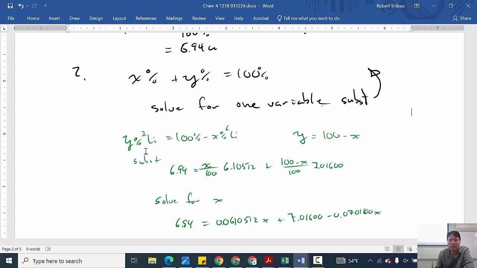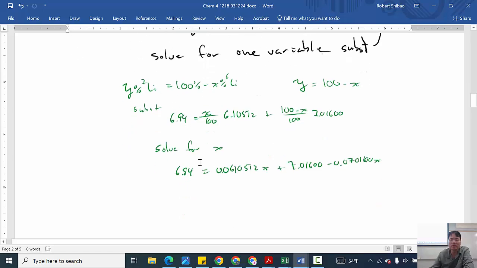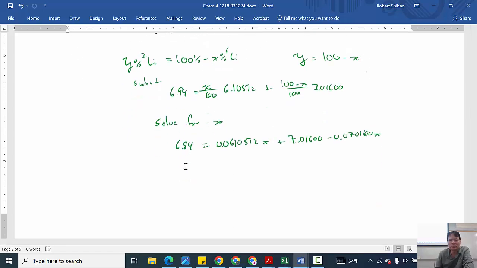And then put all the x's on one side and all the others on the other side. Actually, I'll subtract that and subtract this from both sides. So let's go ahead and combine the x terms here. Let's see if we get the same answer.